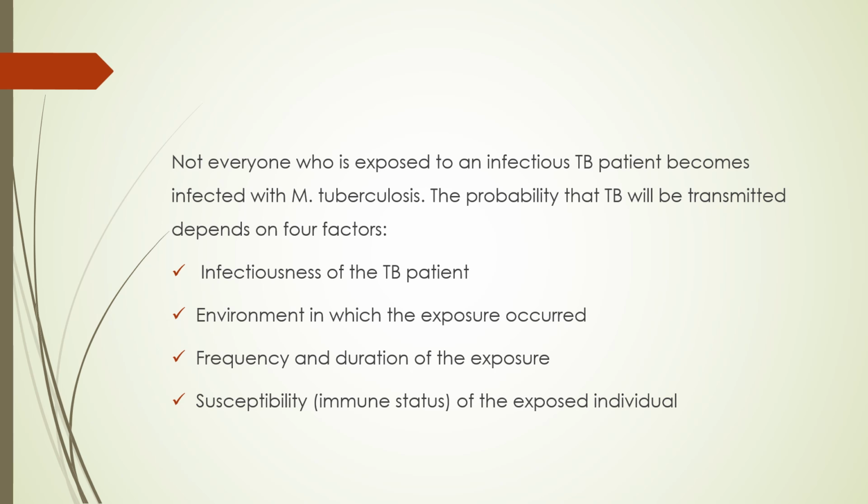For example, if we have a sunny, airy house, the risk is minimal. Third, the frequency and the duration of the exposures. As we have said, we have to have a close and prolonged exposure to have the risk of developing this infection. And fourth, the susceptibility of the exposed individuals.